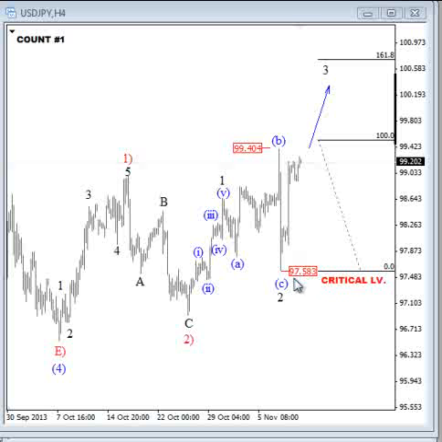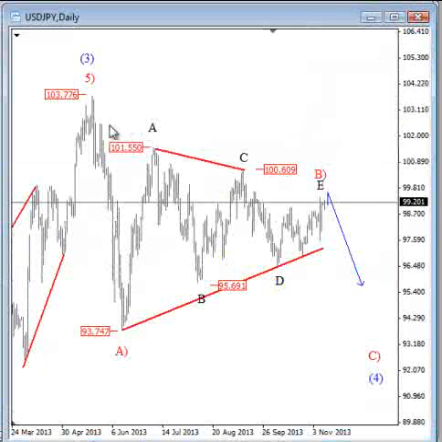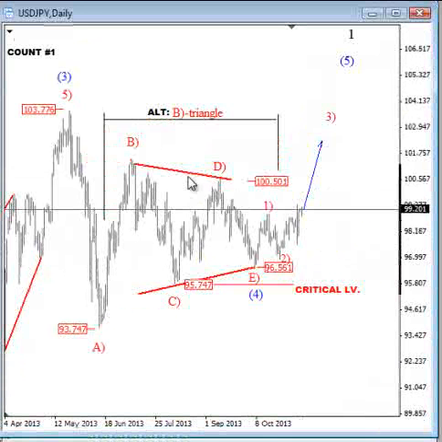Okay, so I labeled here the end of a flat correction, and I will be looking higher, ideally in wave 3 of 3, with a minimum upside objective around 100.50, where there's also a trend line of this triangle, the upper trend line.